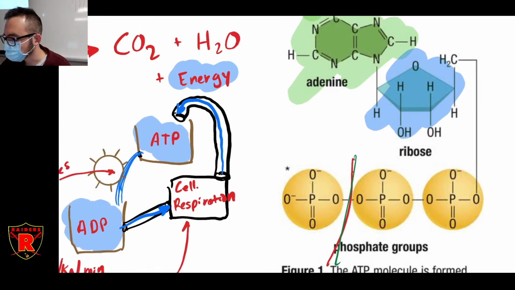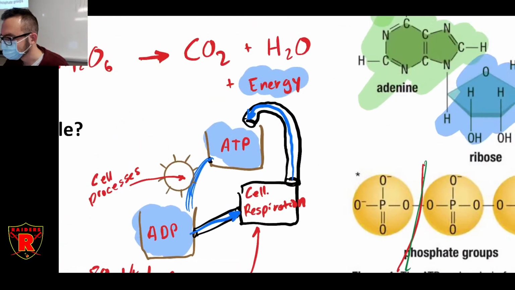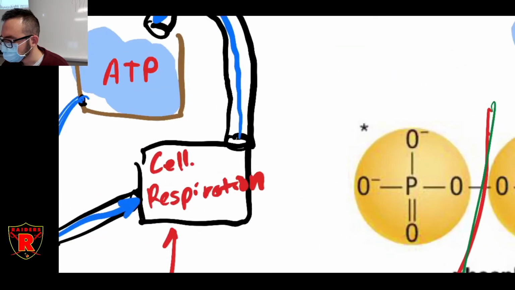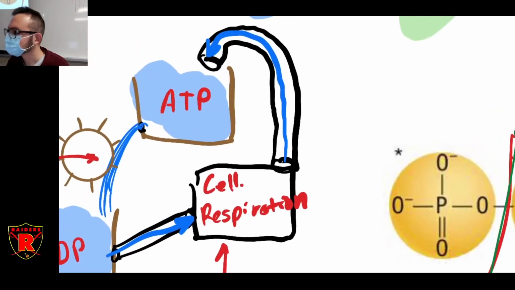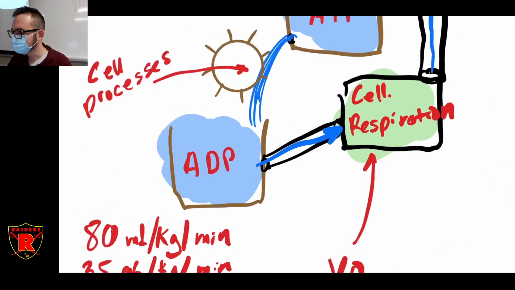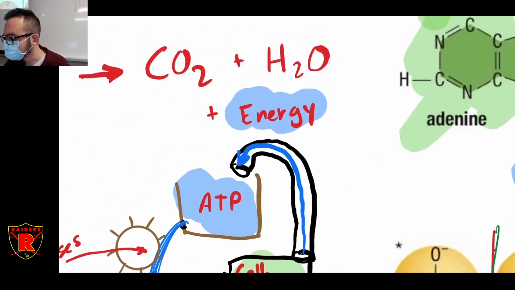So I like to think of it sort of like a water wheel. This is my analogy for this. What you're doing is cellular respiration, right? And that cellular respiration is pumping ADP, which is the low energy molecule, up to a higher energy state.